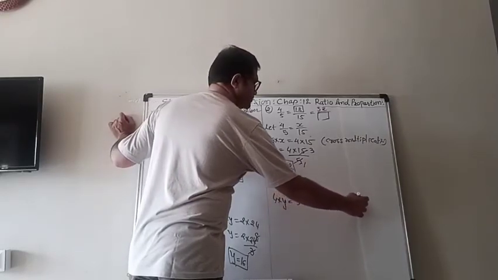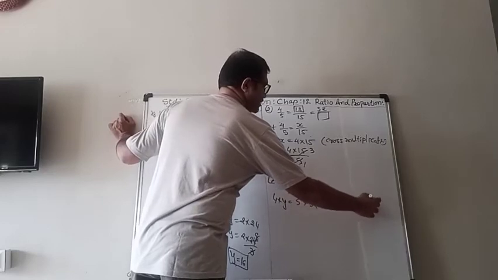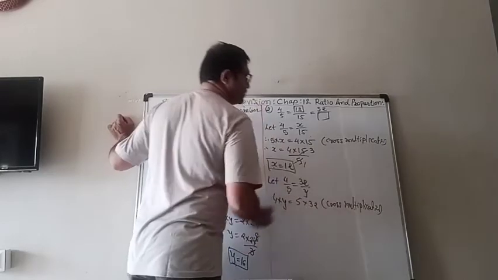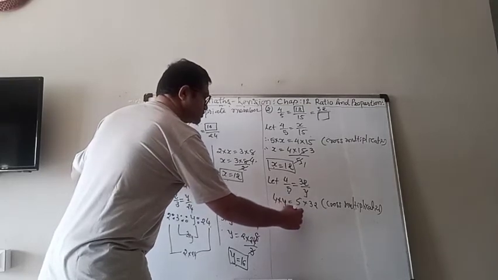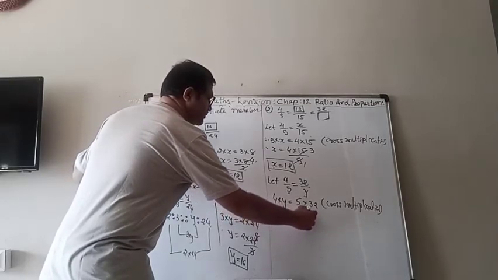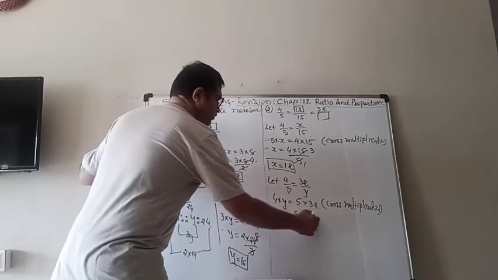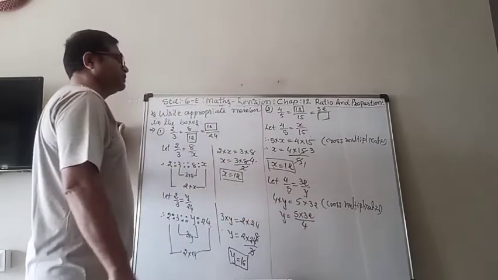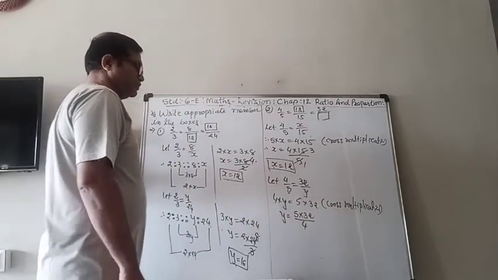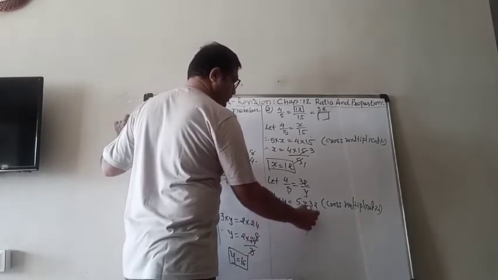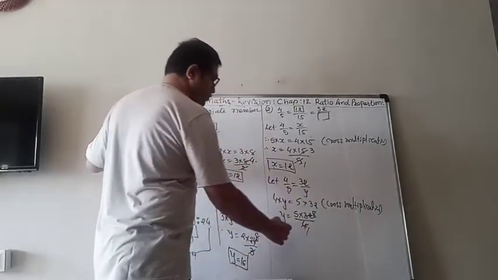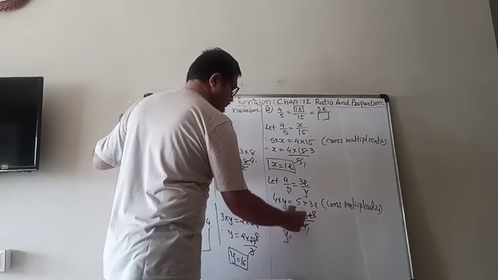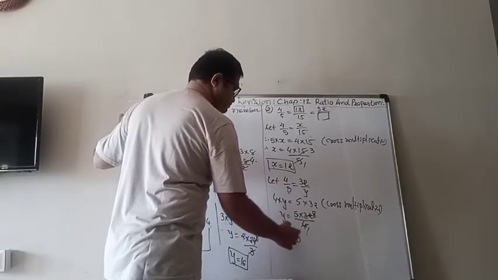So now y is equal to 5 multiplied by 32 and 4 will go in the denominator. So 4 ones are 4, 4 eights are 32. So we get the value of y as 5 eights are 40.